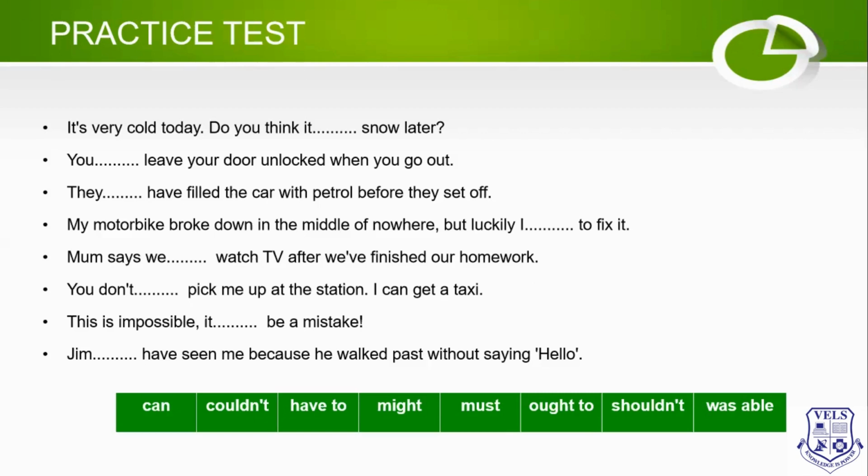It dash be a mistake. Jim dash have seen me because he walked past without saying hello. Now, hope you have written the answers for all the questions. Let's check your answers with the solution.